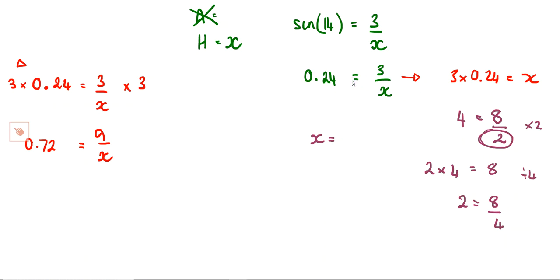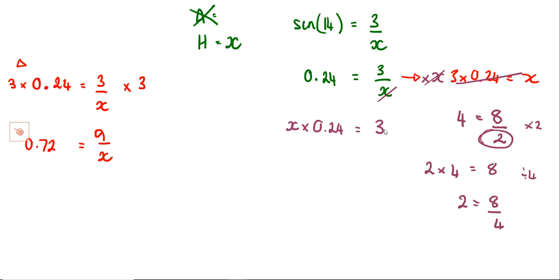So the first stage, which is what Jack was trying to tell us earlier, is, first of all, you don't multiply by 3, you multiply by x. And that gets rid of it from that side, but it does now have it on this side. So I've got x multiplied by 0.24 equals 3.